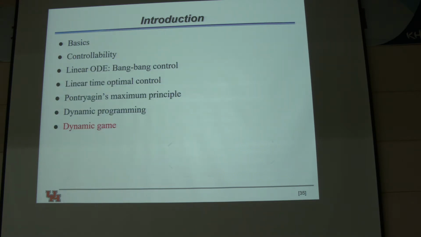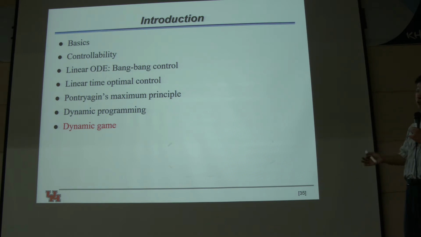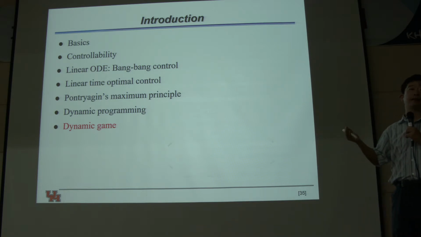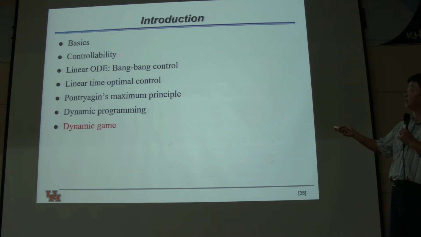Here we go very quickly through this. Remember, this is a whole semester class; here I just give you an overview and recap a little. What is the story? We have an ODE, and over time we want to optimize it. For an ODE, there is the concept of controllability and observability. For a linear ODE, if your objective function is also linear, then you will have bang-bang control, basically 0, -1 and 1.